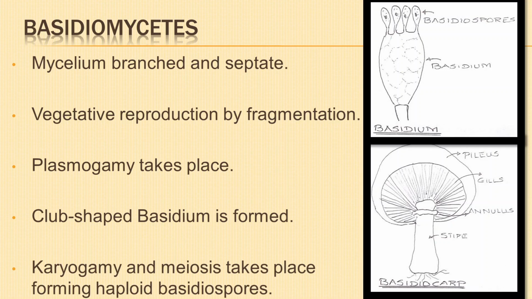Karyogamy and meiosis take place in these basidia, resulting in 4 haploid basidiospores exogenously. In higher forms, the fruiting bodies are called basidiocarps, seen in Agaricus campestris, known as the field mushroom.